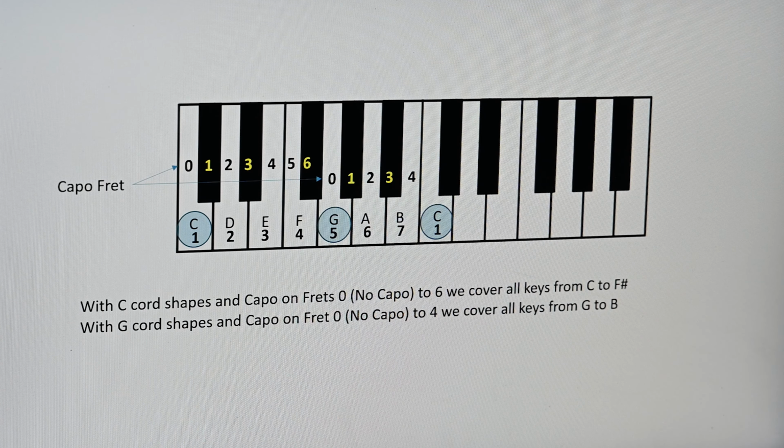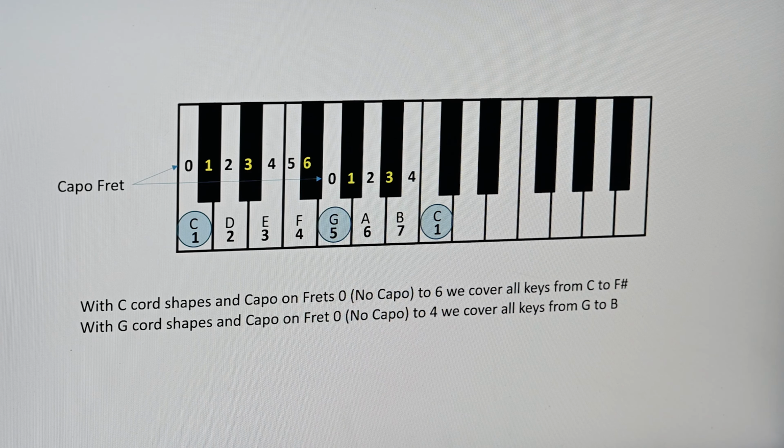So if we look at the keyboard, and let's say we only knew the chords in the key of C and the key of G. Well, to move from C to G, there are 1, 2, 3, 4, 5, 6, and 7 steps.